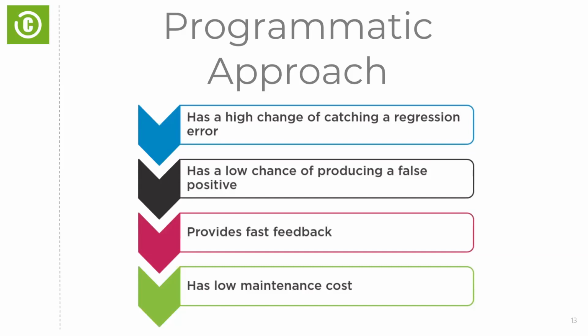The first benefit is a high chance of catching regression errors. As you all know, a regression error occurs when a new feature is added to the system and it affects the previous functionality. For example, we have a system, and in this case we will consider the payment method.